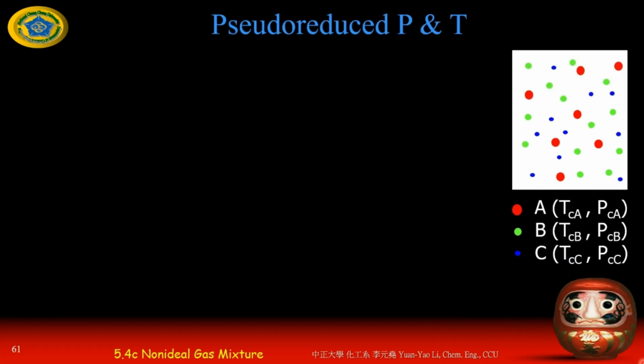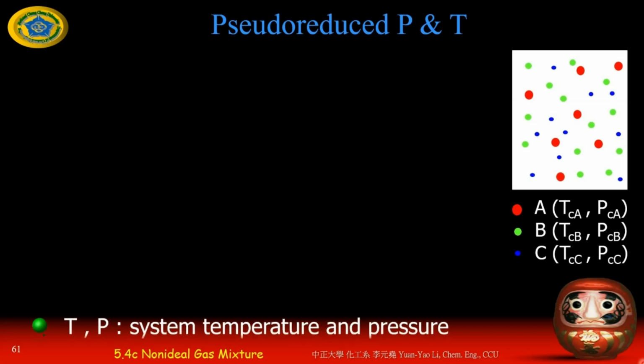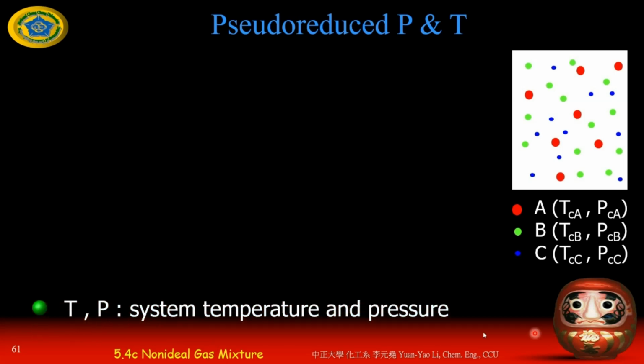So how about pseudo-reduced pressure and temperature for a gas mixture? Assume the temperature and pressure in this system are capital T and capital P. So the system temperature and pressure are T and P. Okay?